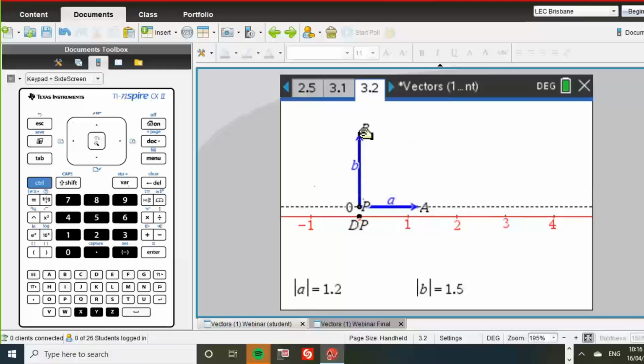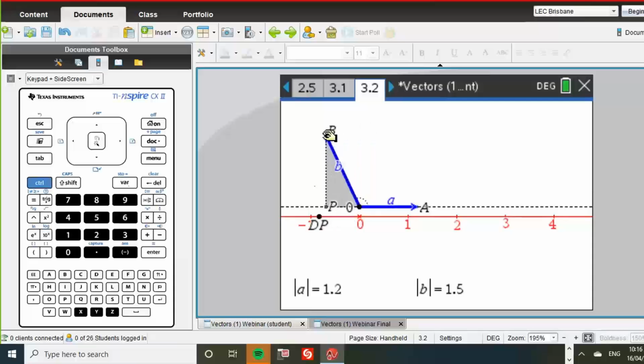Get it really close there. That seems to suggest that the dot product, when the two vectors are perpendicular to each other, or at right angles, given they're non-zero, is 0. So we've just stumbled upon a condition for the dot product of two non-zero perpendicular vectors.